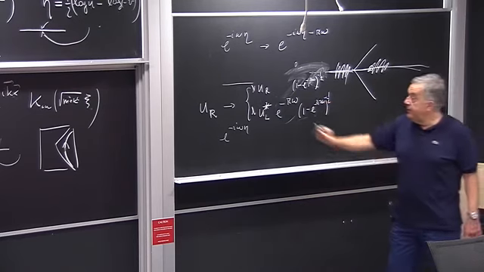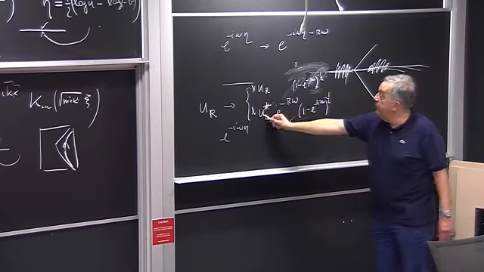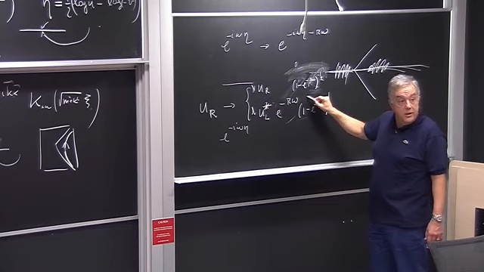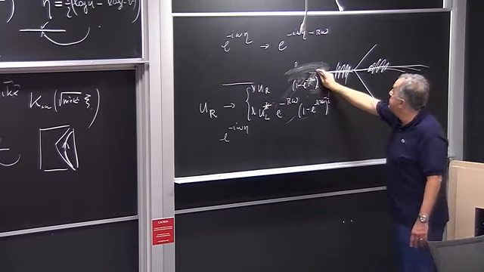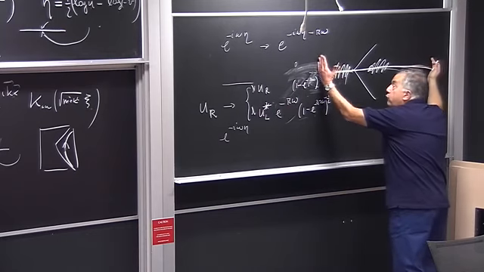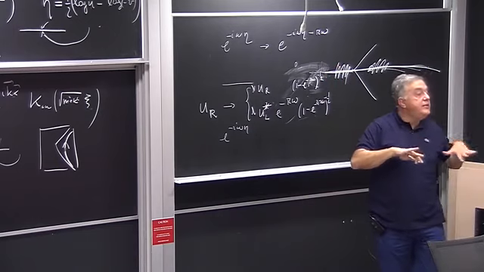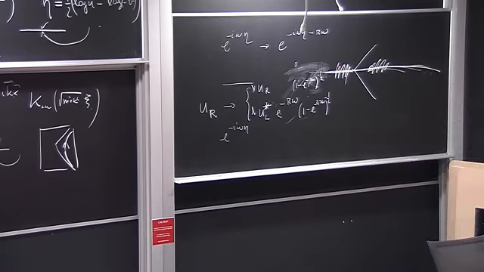You see? The norm of this is 1. The norm of this is minus e to the minus 2p omega. So you have to divide by this, and this is a family of modes which are normalized on the full Cauchy surface and which have the same analyticity properties of the positive frequency modes of the Minkowski spacetime.